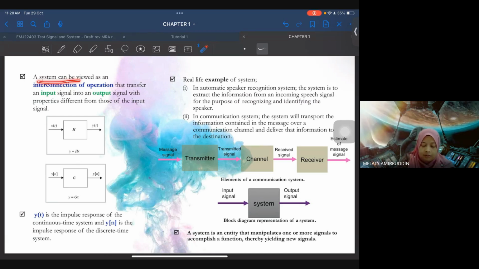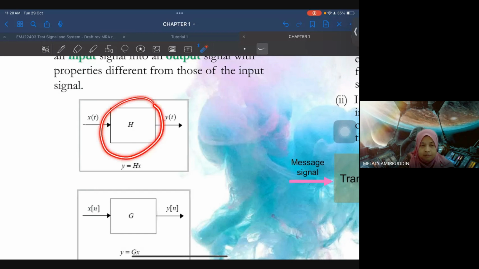A system can be viewed as an interconnection of operations that transform an input signal to an output signal. So we have here the system. This is the input signal. This is the output signal.